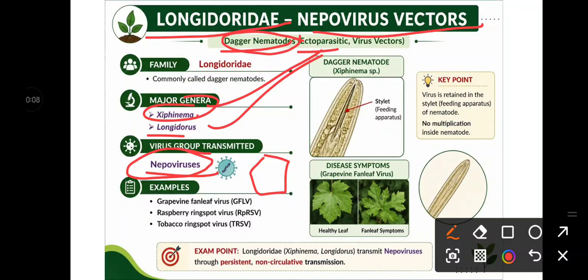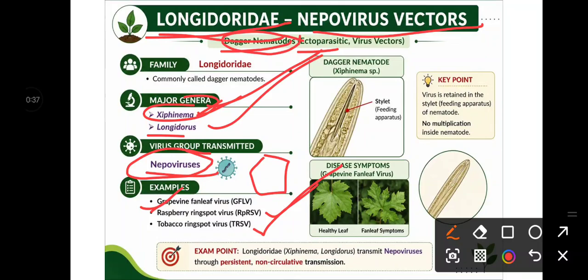We have already discussed that the first nematode vector reported was Xiphinema index, reported by Hewitt et al. 1958 for transmitting the Grapevine fanleaf virus. Remember both, this is very important. Other examples of Nepoviruses transmitted by the Longidoridae family are raspberry ring spot and tobacco ring spot virus.